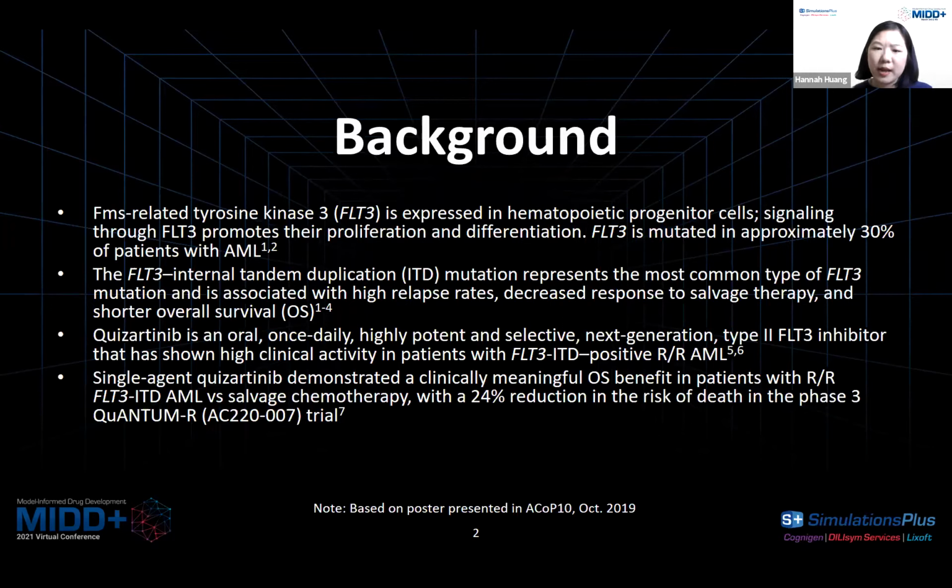Based on a separate efficacy analysis of this phase 3 study, it was found that when treated with quizartinib, patients with relapsed or refractory acute myeloid leukemia had an increase in overall survival, as well as a decrease in the risk of death by 24%.